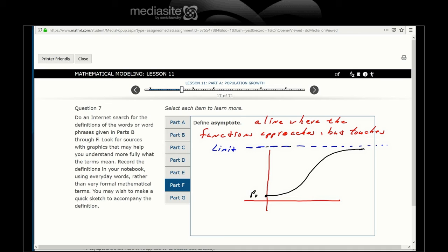The curve will keep going out further and further. It'll approach, but it'll never touch it. So we say we asymptotically approach a value. An asymptote is a line, a limit, that the curve can approach but never quite get to. A line where the function approaches but never touches or crosses.